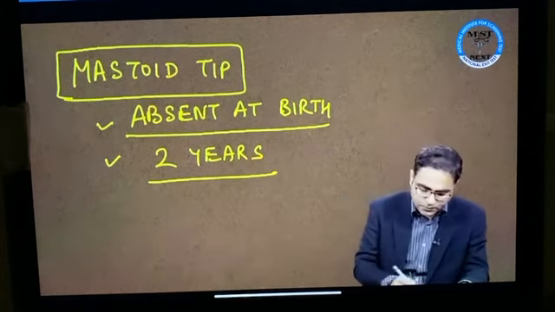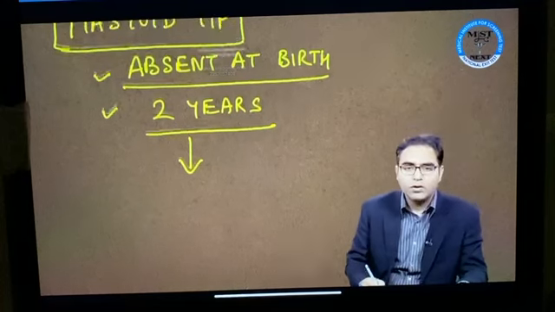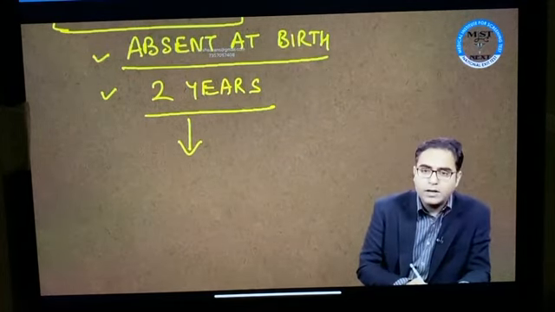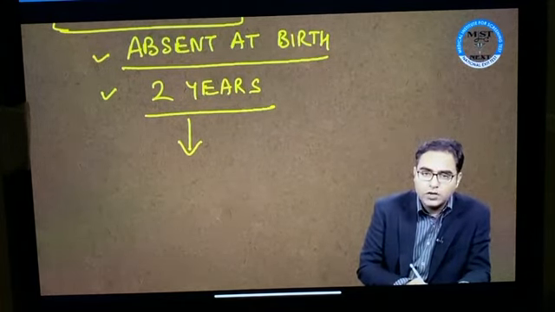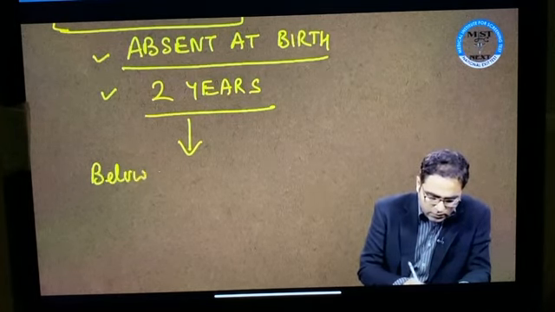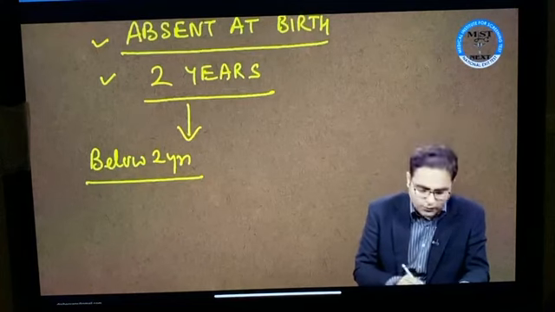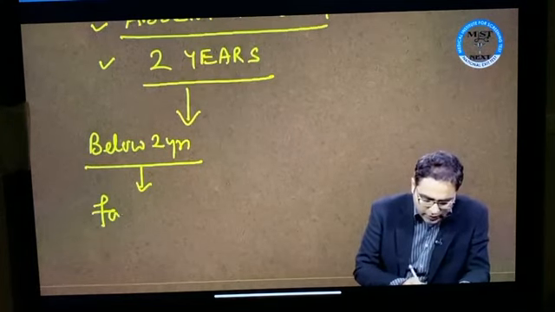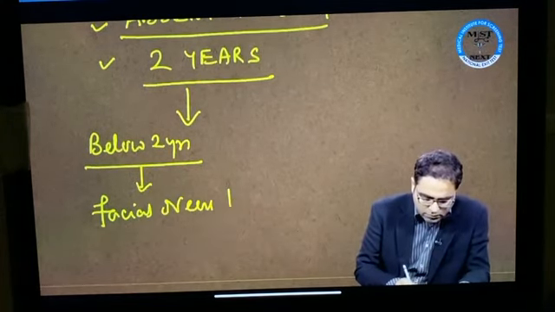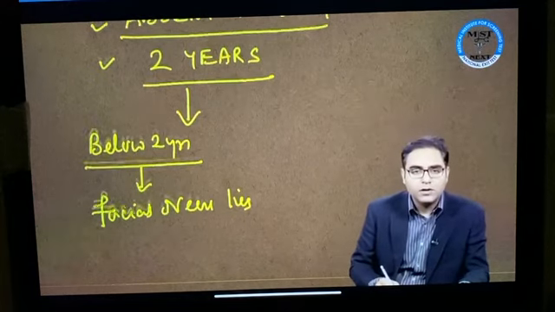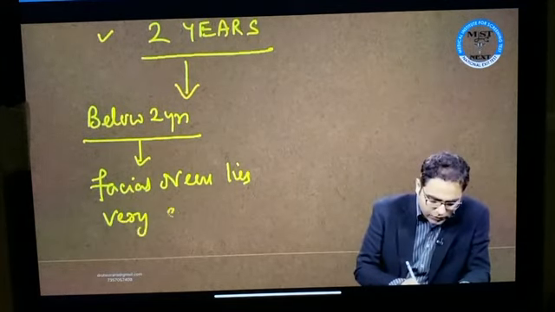Okay, put an arrow. Therefore, in children below 2 years of age, the facial nerve lies very superficial.